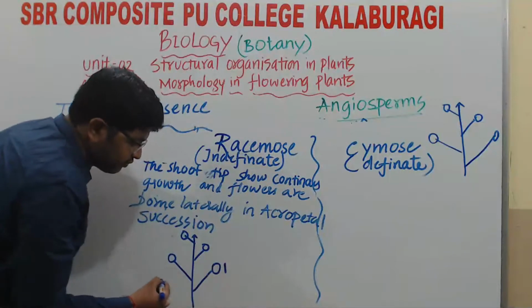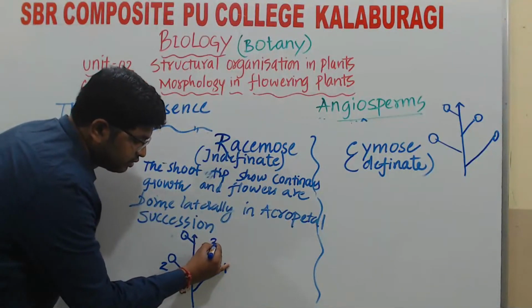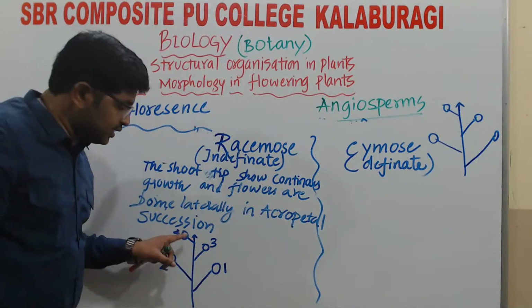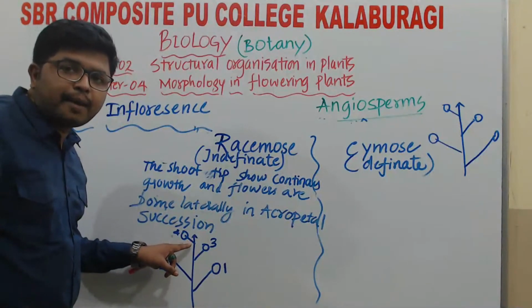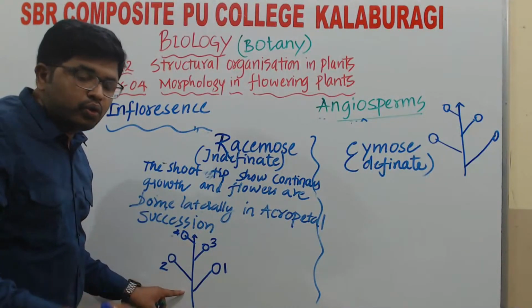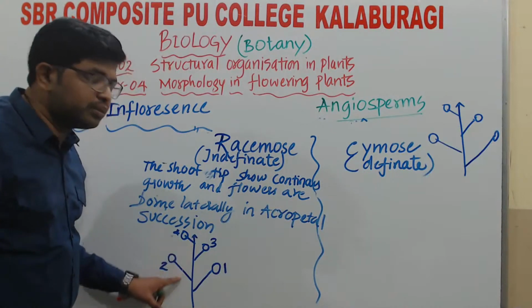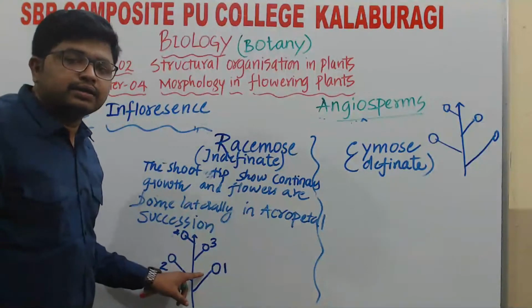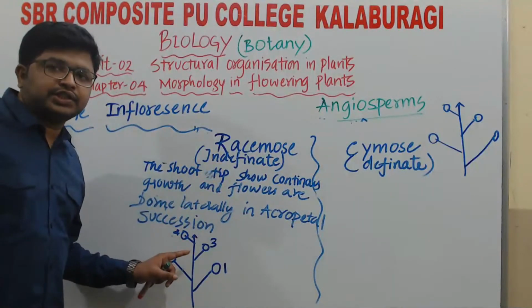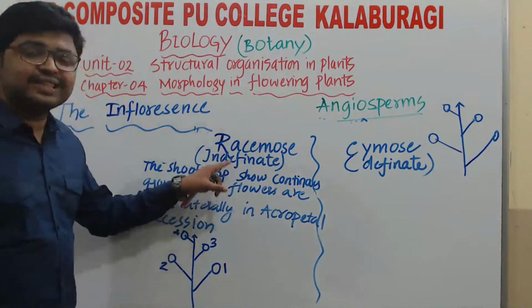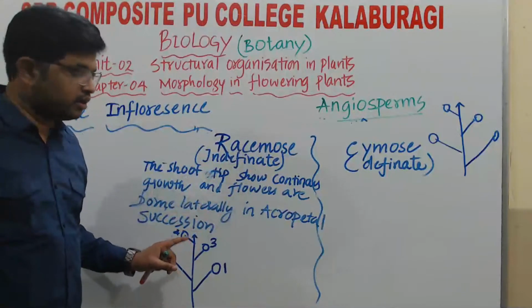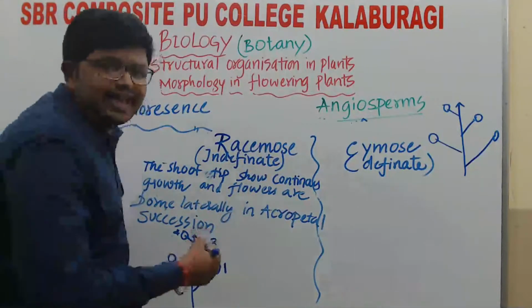You can see the first flower, the second, the third, the fourth. The fourth is the younger, smaller flower present at the apex, whereas the larger, older flower is found at the base. So racemose always shows acropetal succession, and here it is indeterminate as well as indefinite. Remember this.